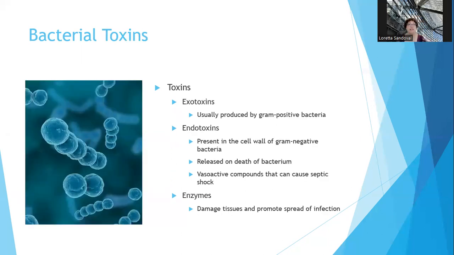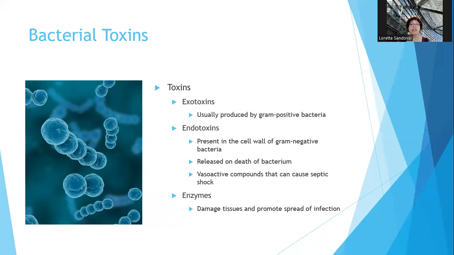So bacteria also sometimes produce toxins. So they're exotoxins, which are usually produced by gram-positive bacteria, and endotoxins, which are present in the cell wall of gram-negative bacteria, and they're released when the bacterium dies.